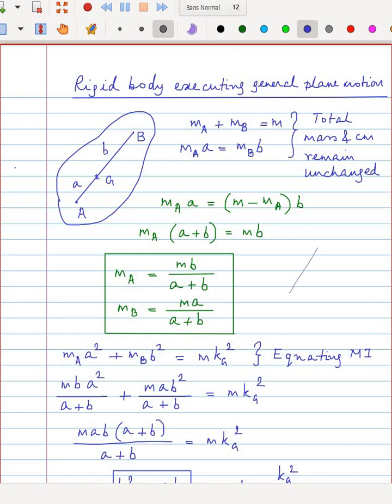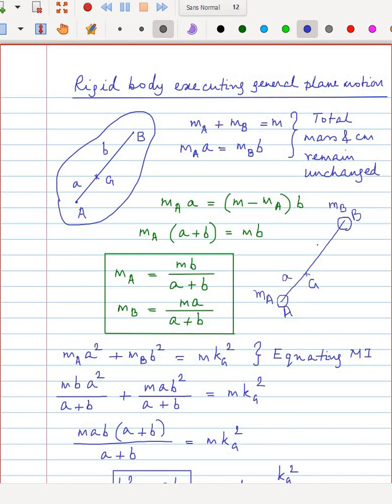a massless link like this, where this is A, this is B, this is G, and there is a mass here, which is MA, and a mass here, MB.